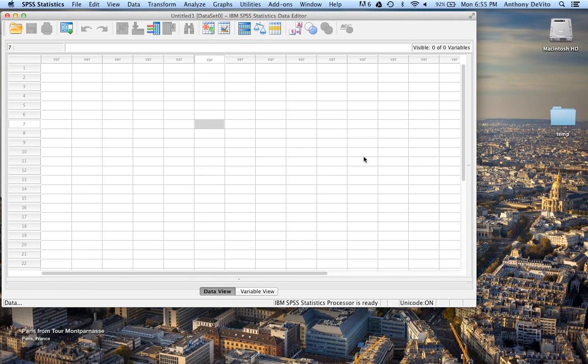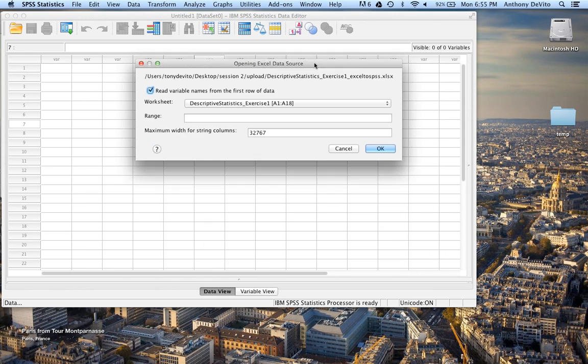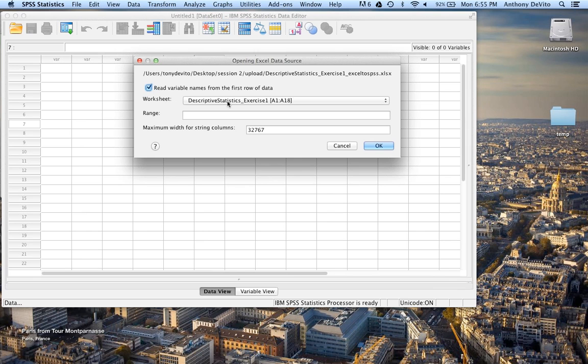A new dialog box is going to come up and says, aha, I see data in here between A1 and A18. Exactly what I expect, 18 numbers. Remember, in this file I didn't have text on the top row. Now, you'll notice that there's a checkbox over here, bright blue right now: Read variable names from the first row of data.